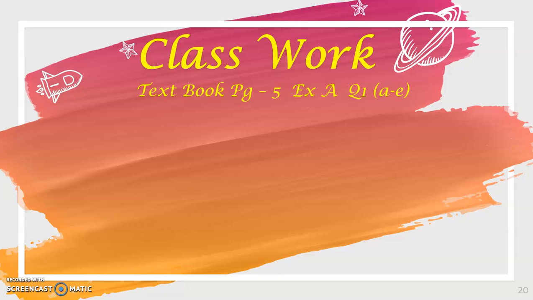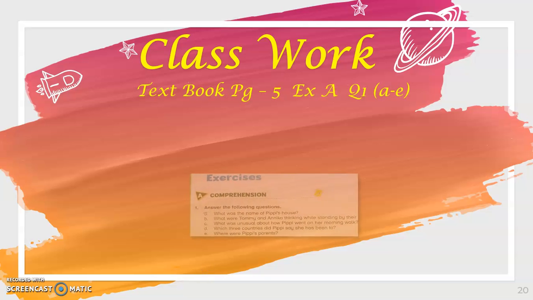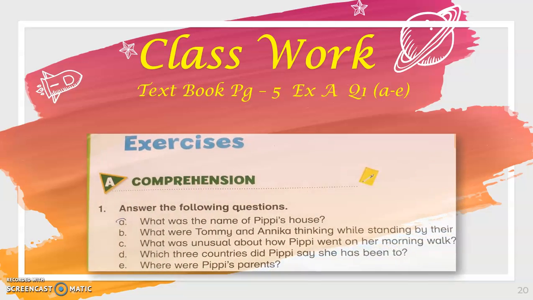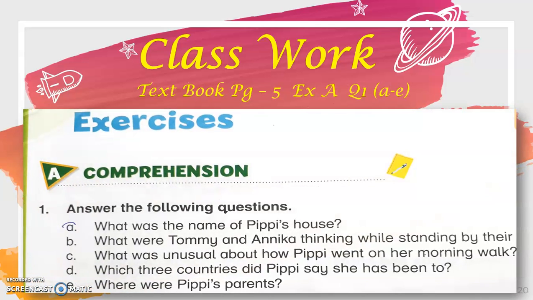Okay, so for the classwork, textbook page 5, I need you to open up textbook page number 5. We are going to do exercise A, question 1, from part A till E. So you're going to take out this part and you're just going to write the answers. So question A was, what was the name of Pippi's house?